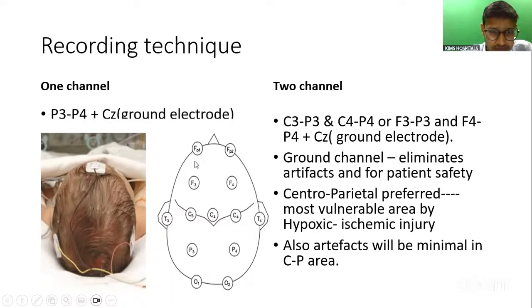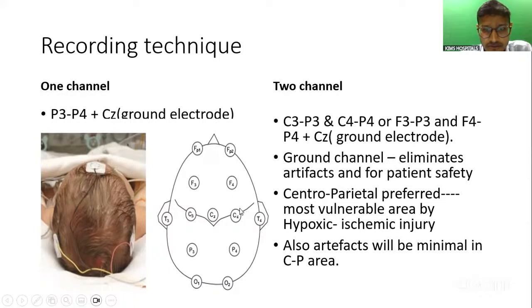Unlike the 10-20 system for conventional EEG or adult EEG, we have only limited channels to pick up the electrical activity. The left side has odd numbers like 1, 3, and the right side has even numbers 2, 4. F is frontal, C is central, P is parietal, O is occipital, and T is temporal.